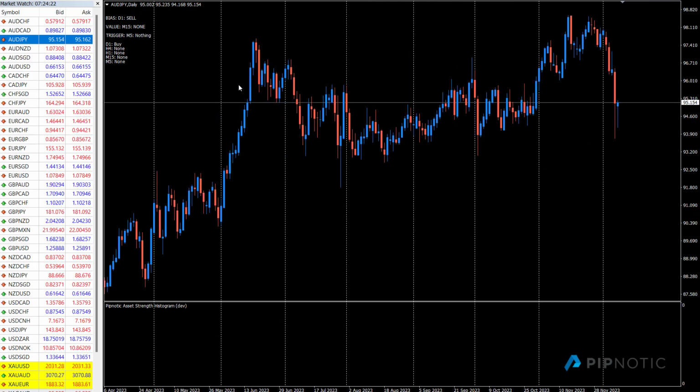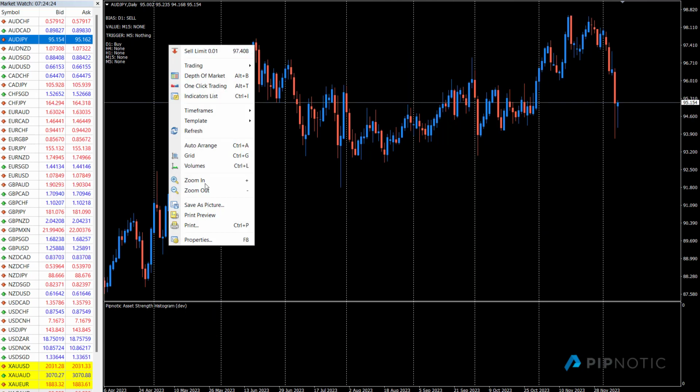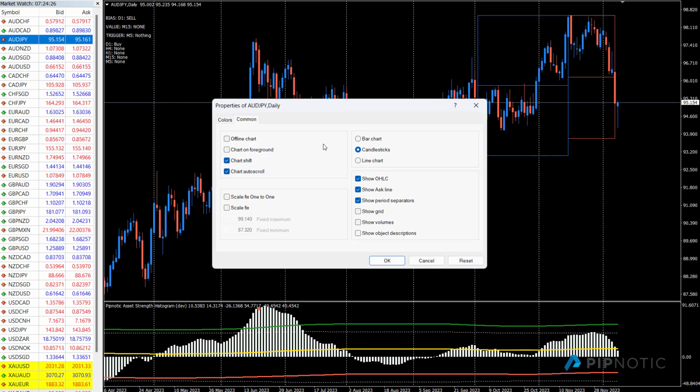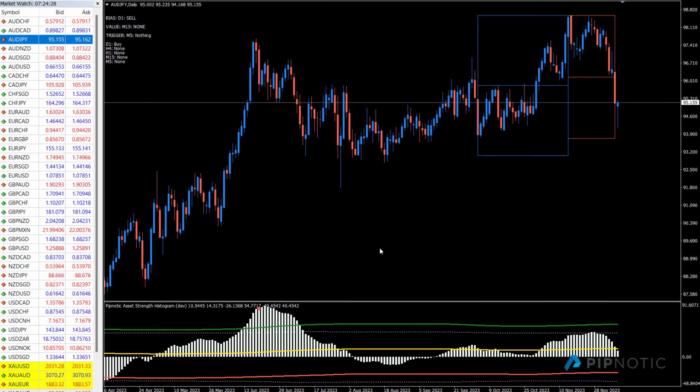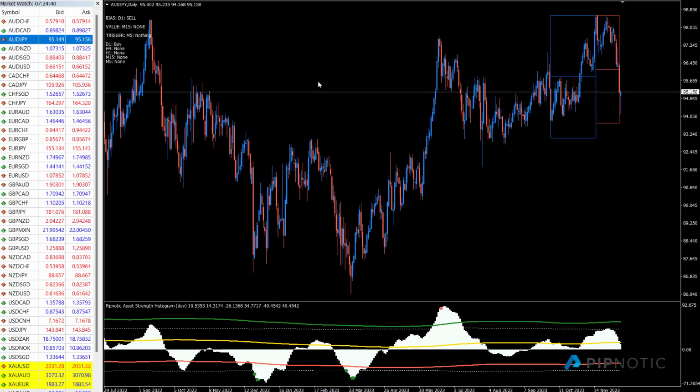So the histogram, for those of you who are not necessarily aware of what it is, is simply a tool that I use to help me assess the state of a cycle. It's based on price data, time series price data, and it's looking at the expansion and contraction of asset prices.